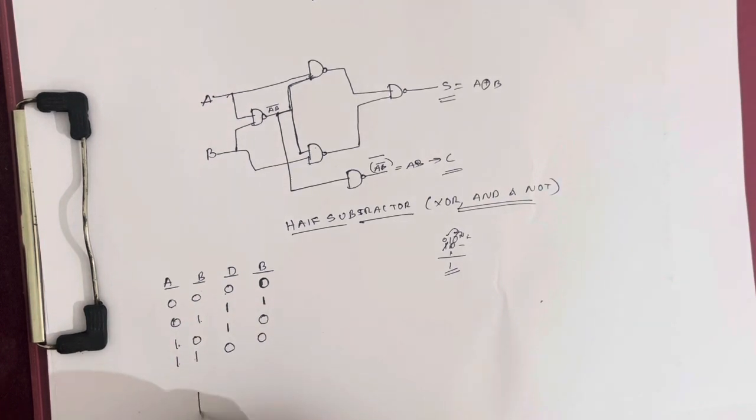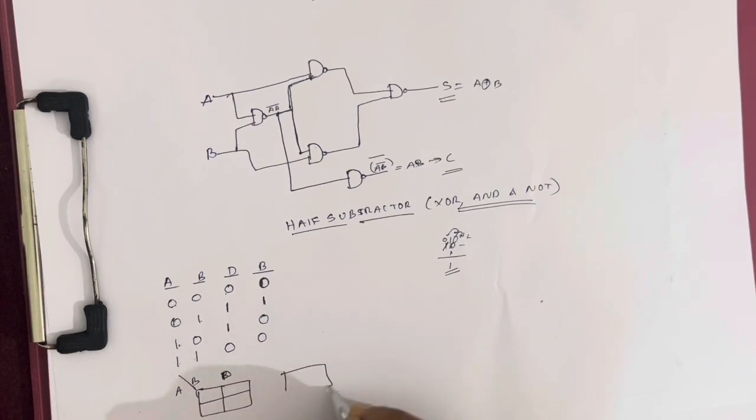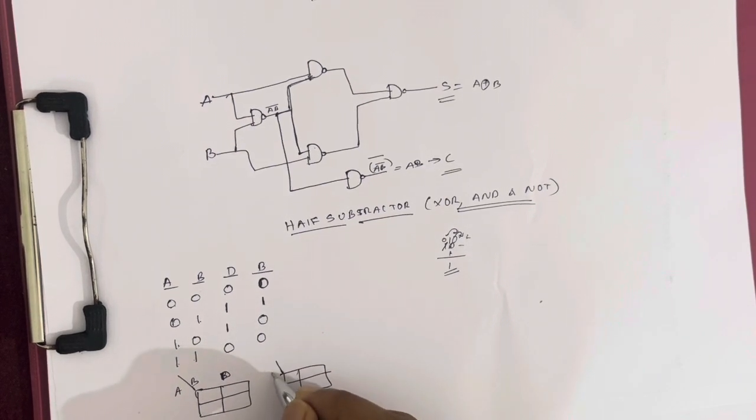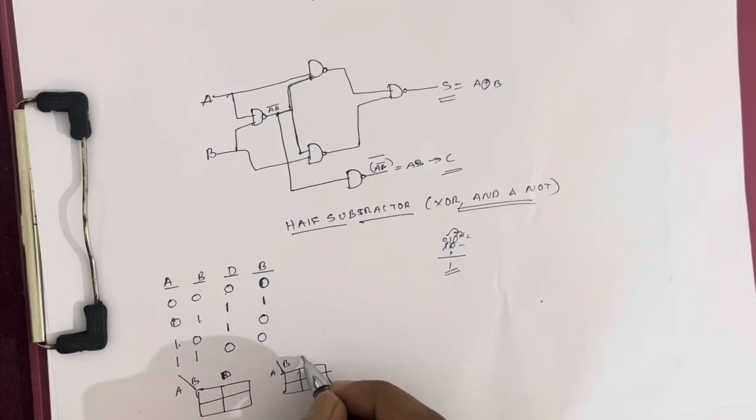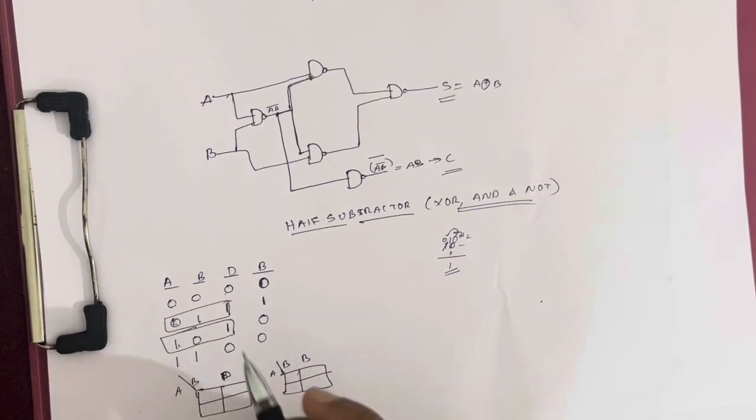Now construct the K-map. A, B. K-map for the difference first, then we construct the K-map for the borrow. For the difference, the 1 comes in this and this part only, which means 0 1 and 1 0.